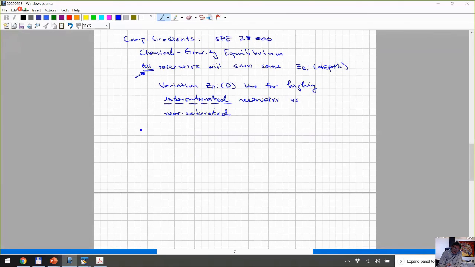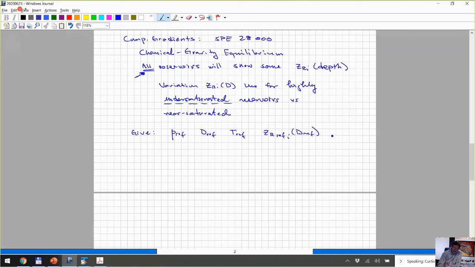No, so in any package, to make a gradient calculation, you have to give a reference pressure, a reference depth, a reference temperature, and a reference composition at this depth. Okay? That's all you give.